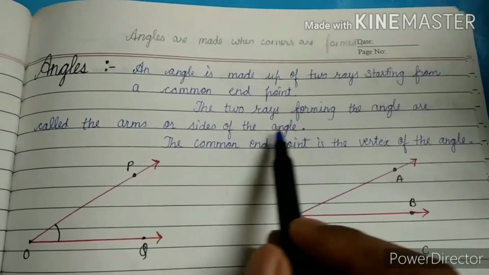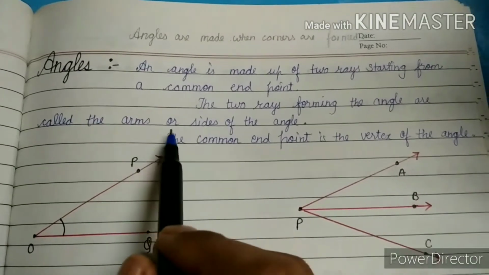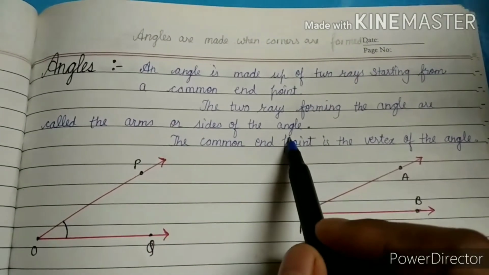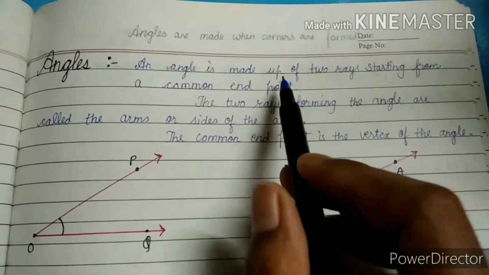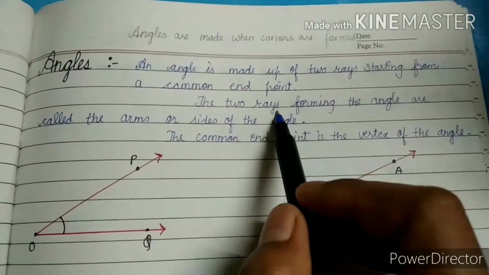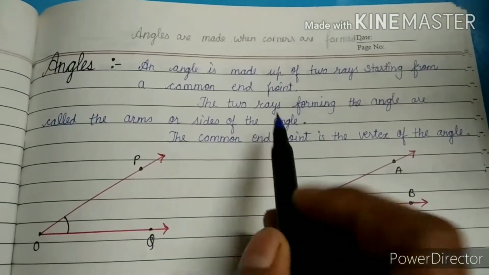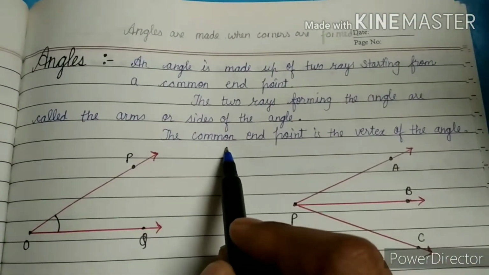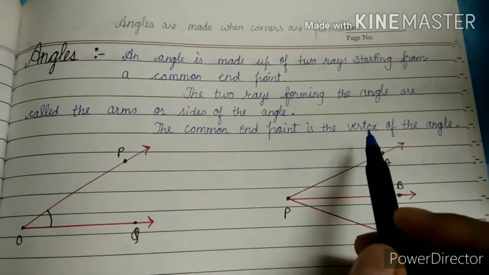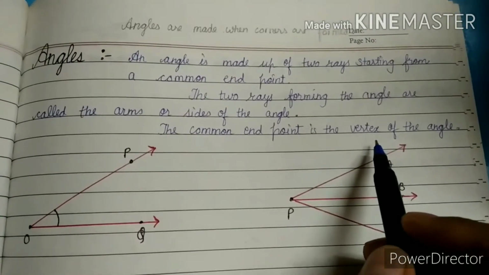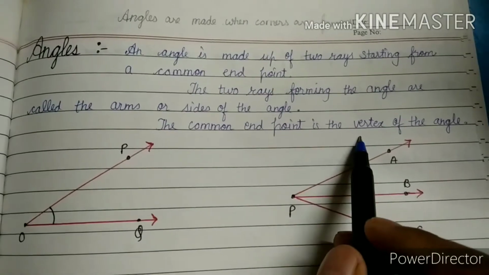The two rays forming the angle are called the arms or sides of the angle. The common end point is the vertex of the angle. So where the angle is formed, the common end point of the sides is called the vertex.